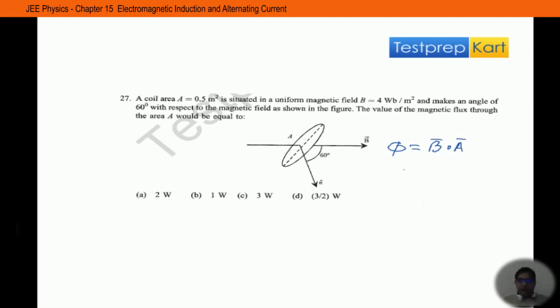This is B A cos theta, where theta is the angle between these two quantities. B is 4, area is 0.5, and cos 60 is 1 by 2. So we get 1 Weber. Choice B is correct in this question.